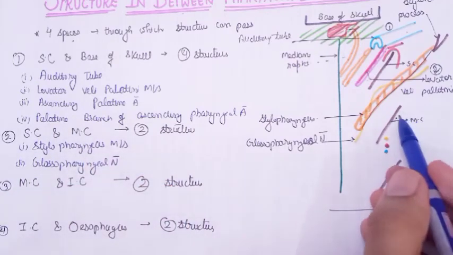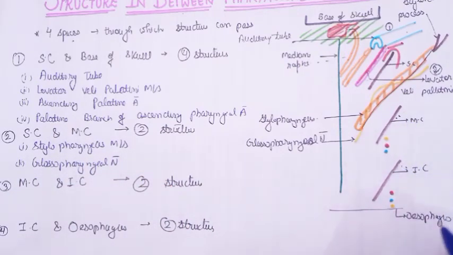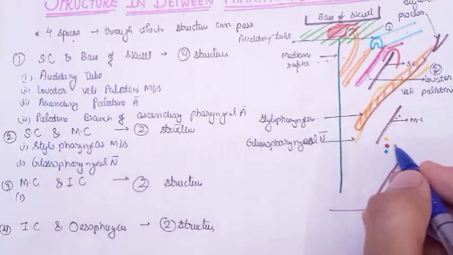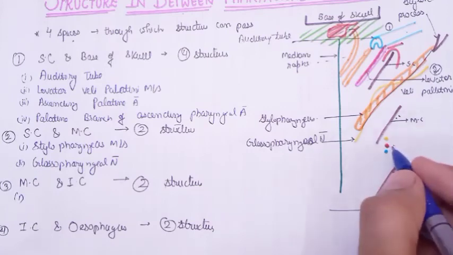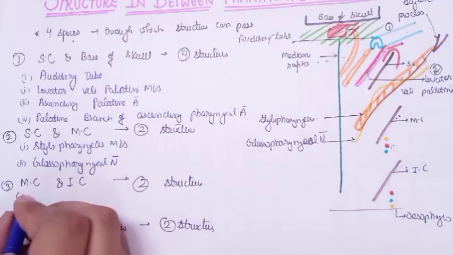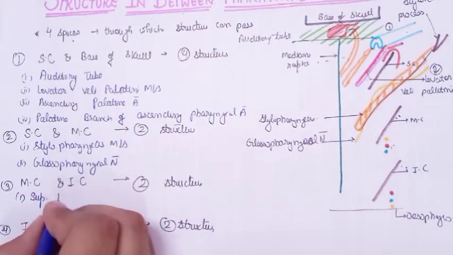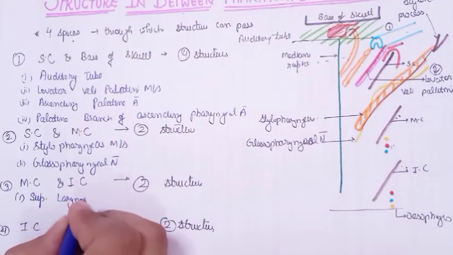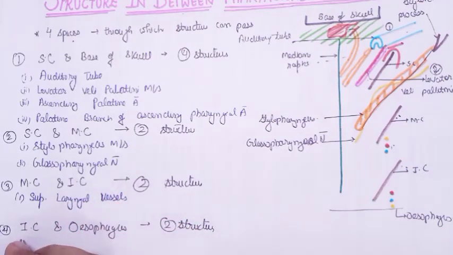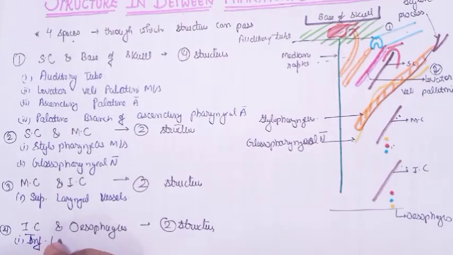Now between the middle and inferior constrictor and between the inferior constrictor and the esophagus, we will summarize together. First we have the superior laryngeal artery or the superior laryngeal vessels and the inferior laryngeal vessels. All these structures are related to the larynx. We have the superior laryngeal artery or vessels, and down we have the inferior laryngeal vessels.